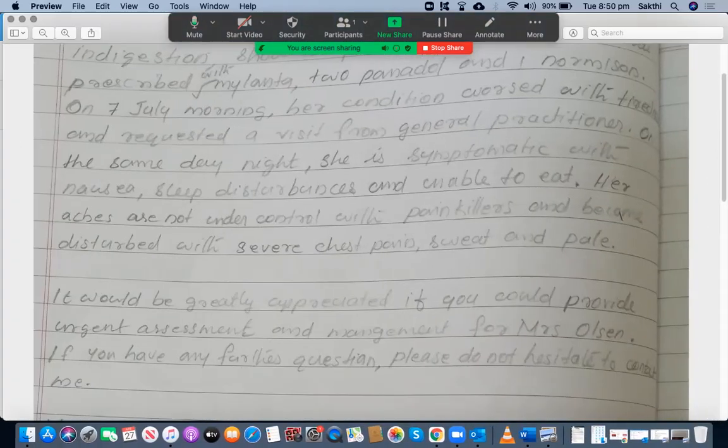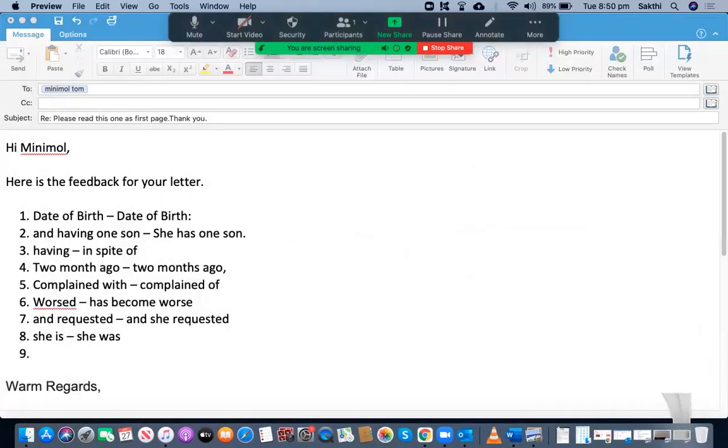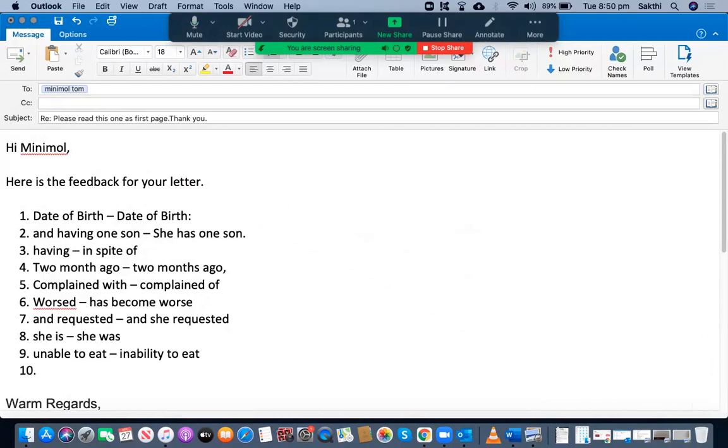And then the other is "and unable to eat." She was symptomatic with nausea, sleep disturbances. These are noun forms, so you have to use noun forms here as well: "and inability to eat." Instead of writing "unable to eat," it's better to use "inability to eat." That would be much better.